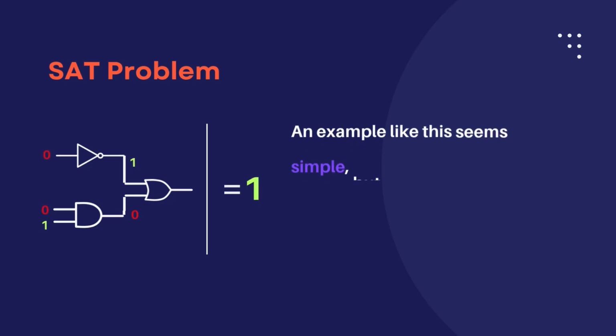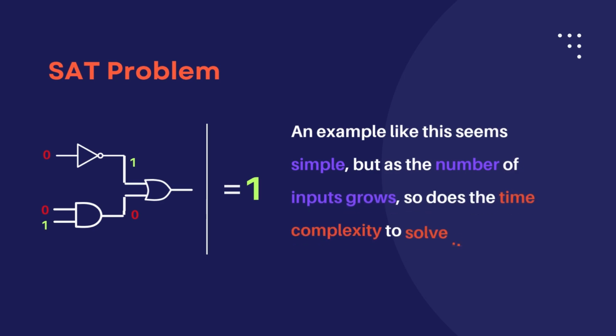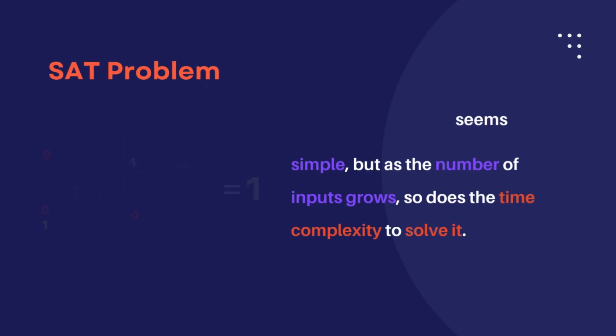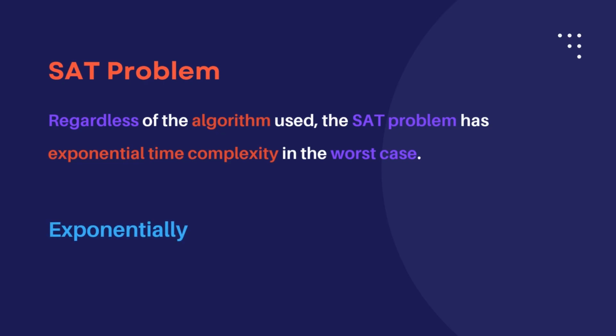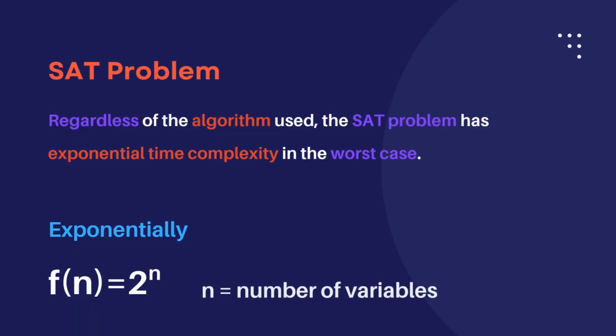An example like this seems simple, but as the number of inputs grows, so does the time complexity to solve it. Regardless of the algorithm used, the SAT problem has exponential time complexity in the worst case. That means the time it takes to solve a SAT instance can grow exponentially with the number of variables, something like 2^n, where n is the number of variables in the formula.